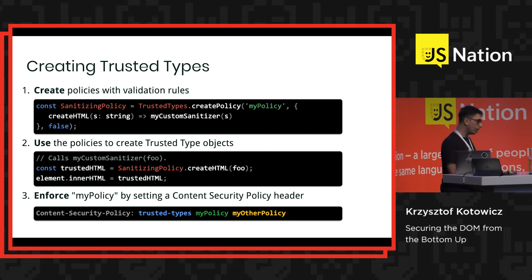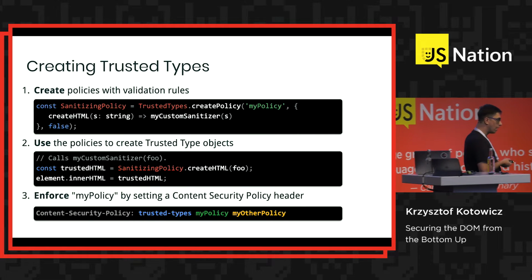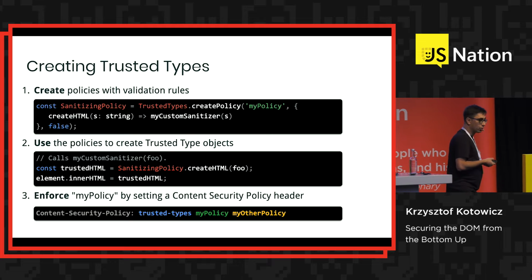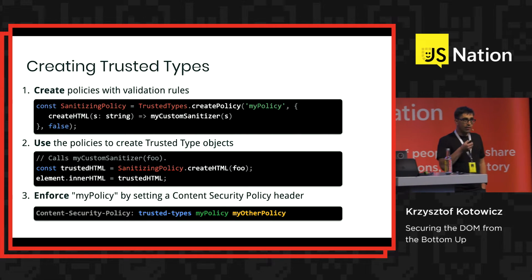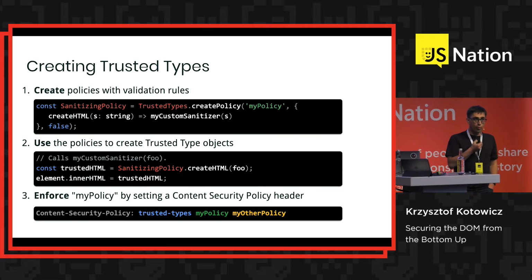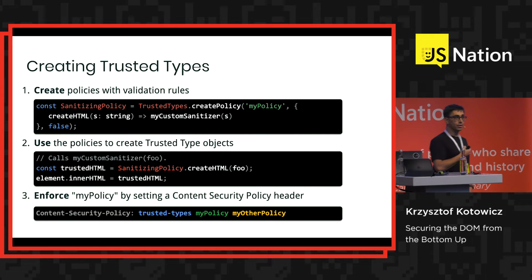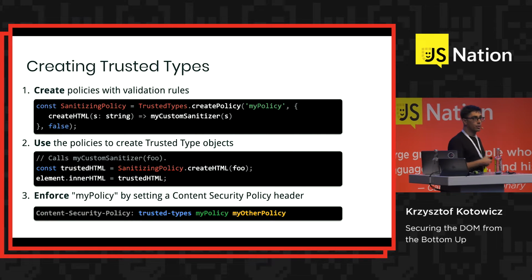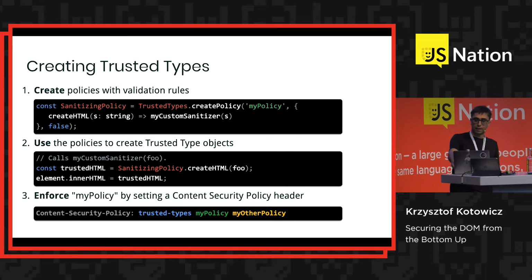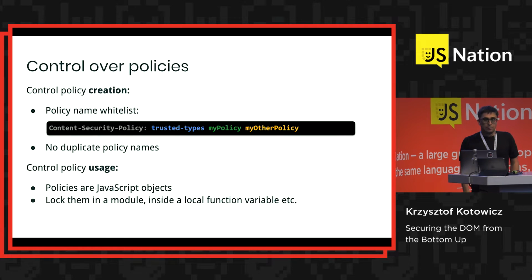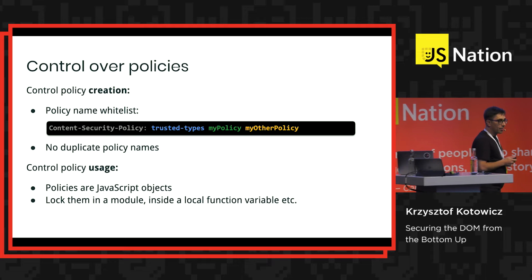So with that, we get a control, optional control, because you're not even forced to use the content security policy header. You have a control of how many and which policies get created for your application. And through those policies, you can enforce rules on how the conversion of strings to trusted types work. So this is the whitelist that I was talking to you about.